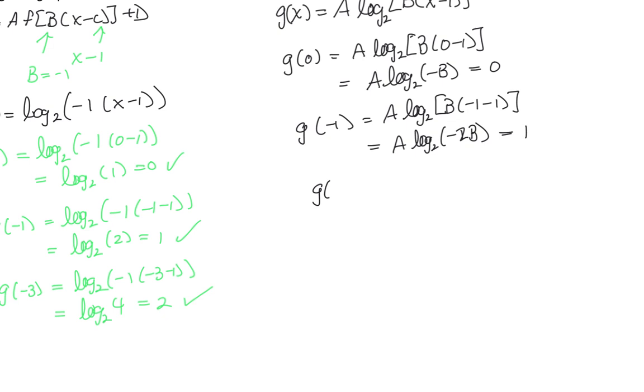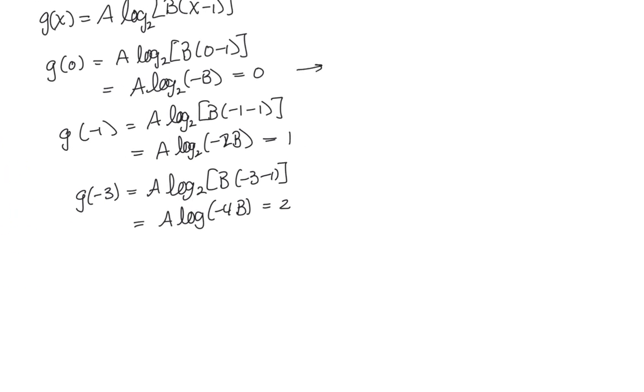Then I would do g of negative 3, which is equal to a, the log base 2 of b times negative 3 minus 1, which is equal to a, the log base 2 of negative 4b, which is equal to 2.